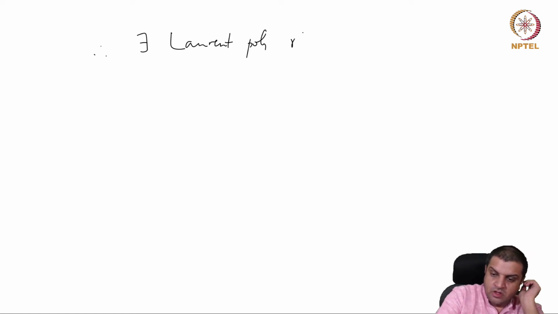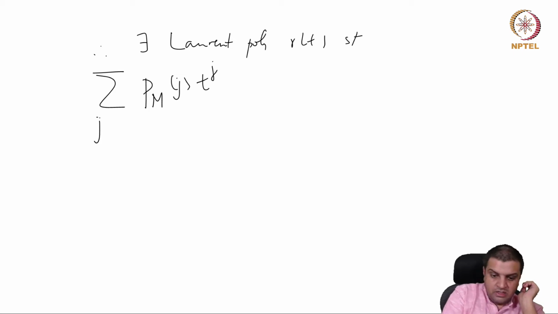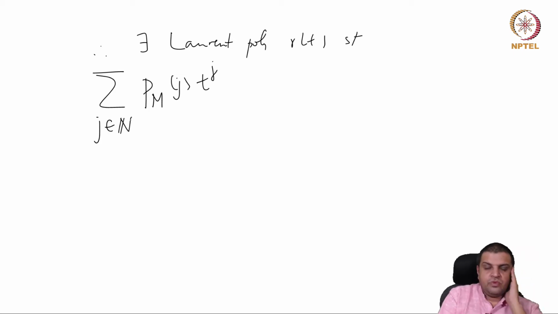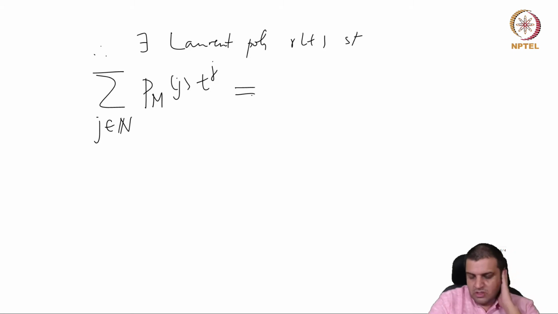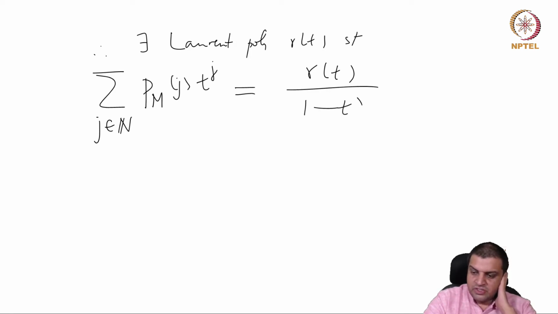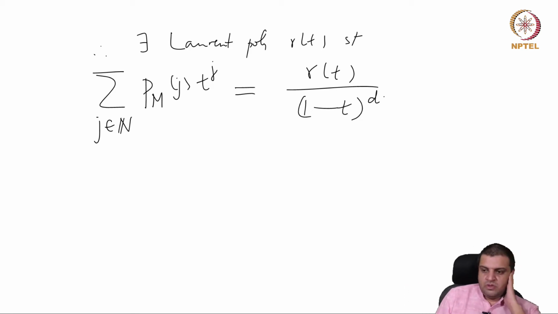Therefore, there exists a Laurent polynomial R of t such that the sum of P_m(j) t to the j, j inside n, is R of t divided by 1 minus t to the d. So we get this thing.